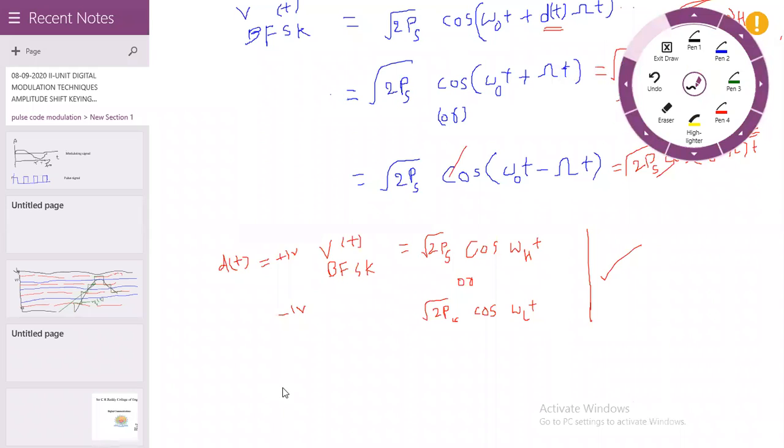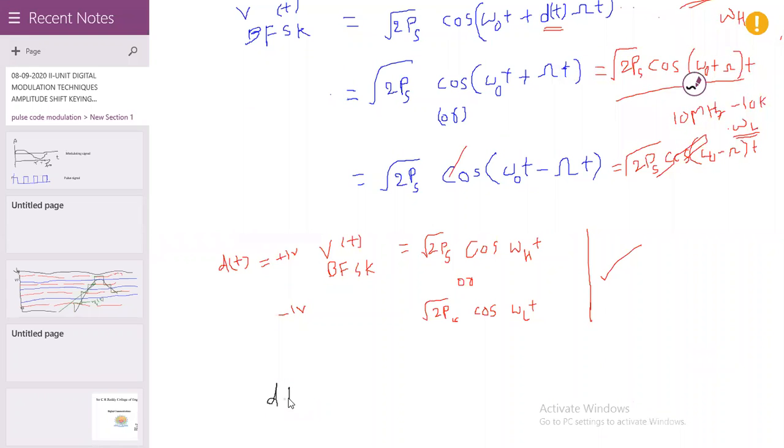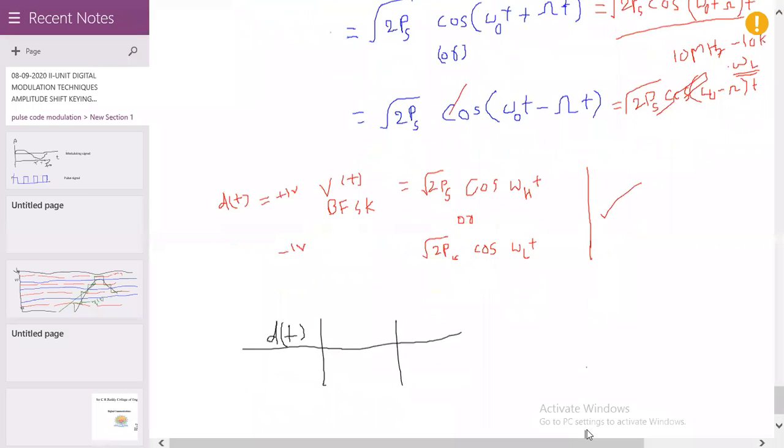That means D of t: logic 1 is plus 1 volt, logic 0 is minus 1 volt. That is bipolar. So we convert that signal into unipolar. Then only we can easily generate the BFSK signal without any deviation and without any distortion.